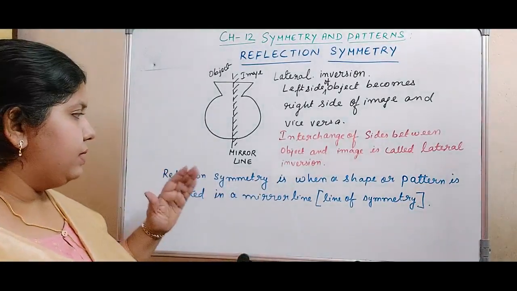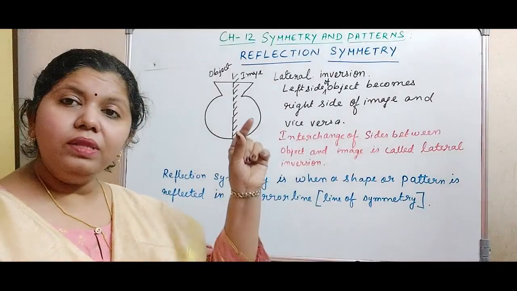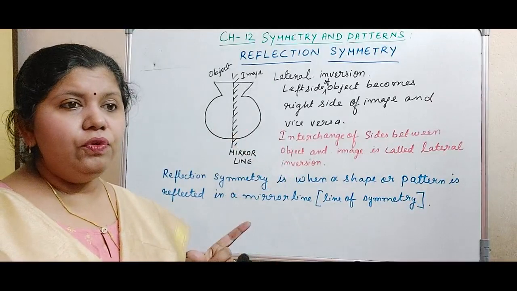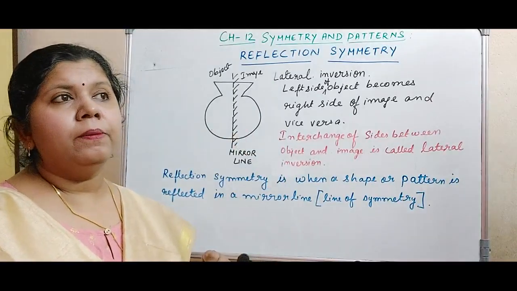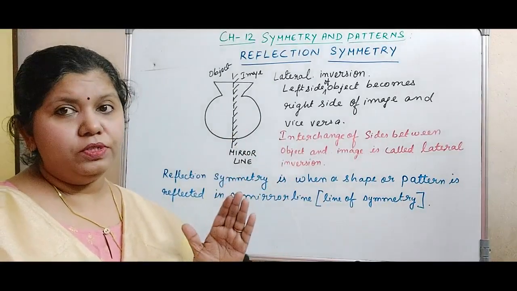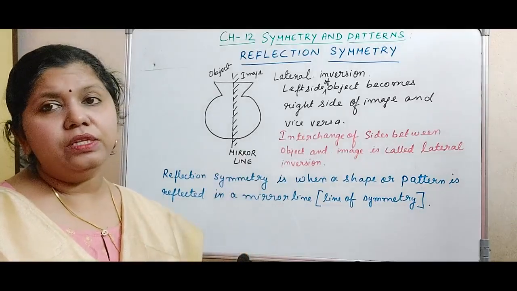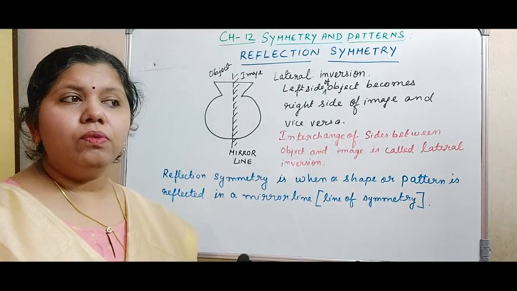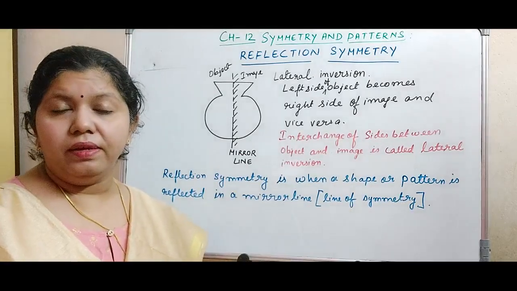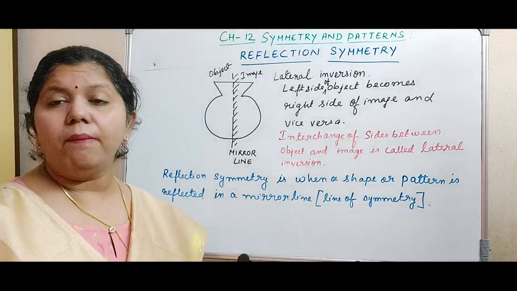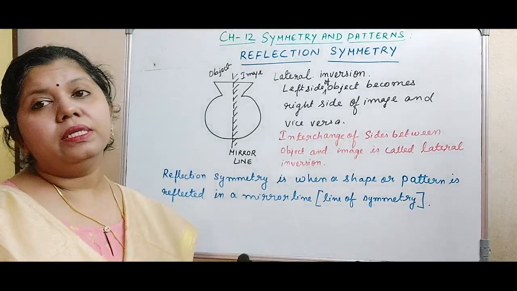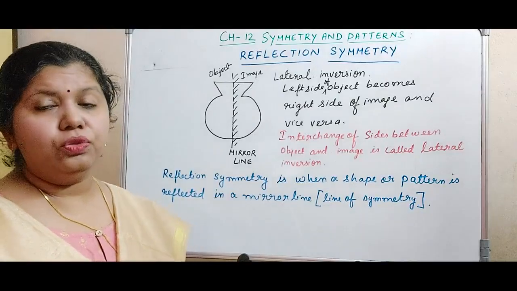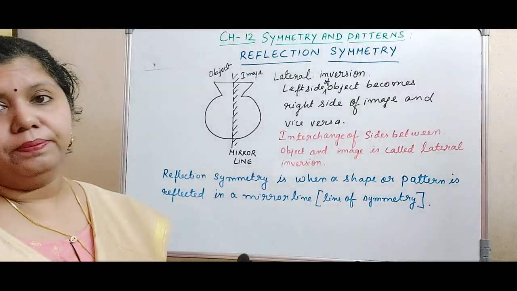This happens when you keep the mirror along the line of symmetry, or when you keep a mirror for an object and try to see the image of that object in the mirror. What changes will you find? Is that image completely the same or completely different? That can also be judged through reflection symmetry.